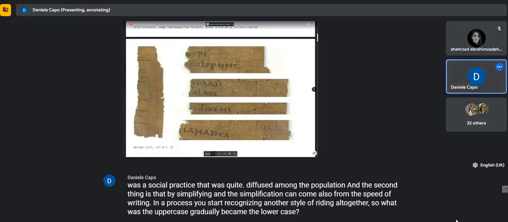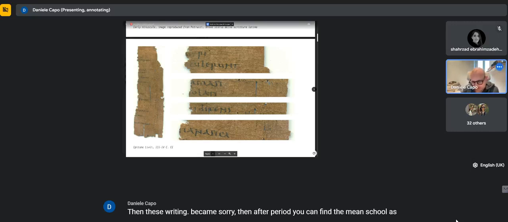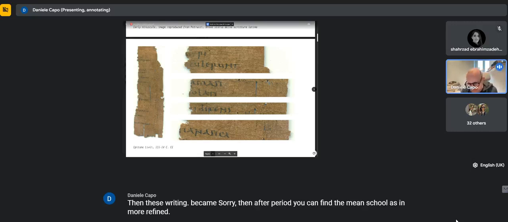Then after a period, you can find the minuscule in more refined examples, for example, books and things like that.